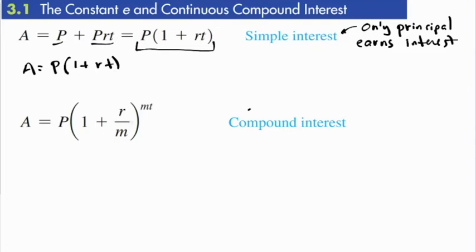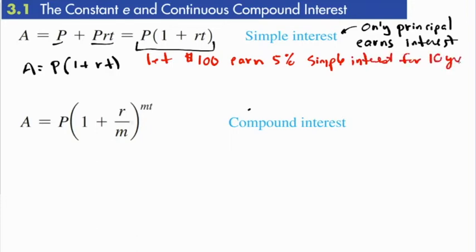And we can give an example, let $100 earn 5% simple interest for 10 years.